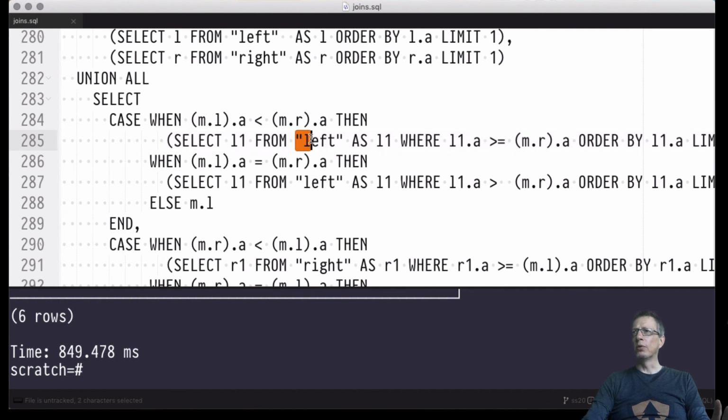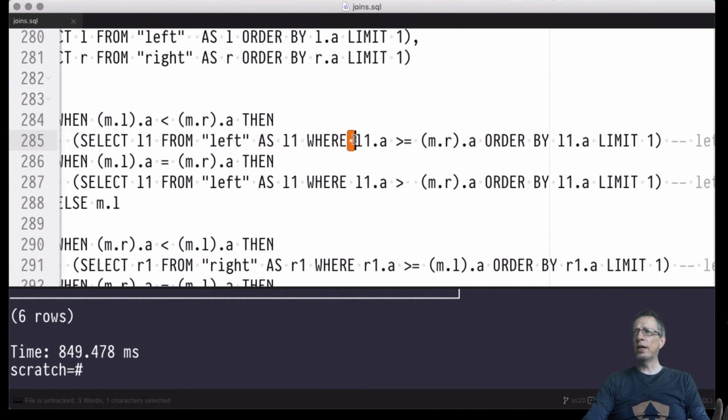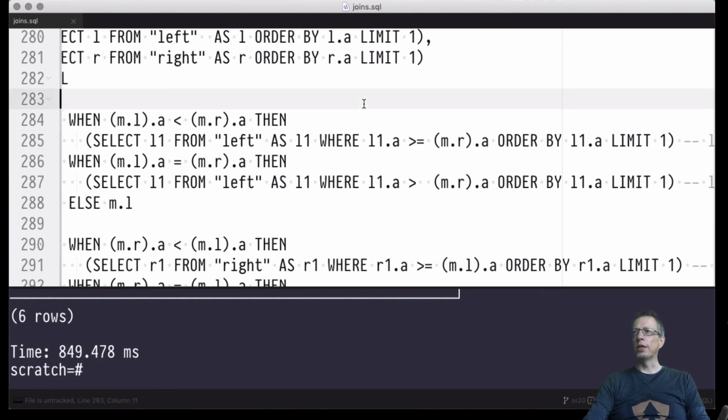We are reading in the left-hand side, and we read as far as we reach the A value on the right-hand side. That would be our criterion, how far we have to move in the left-hand side. Okay, and this predicate is perfectly well supported by the A index on the left-hand side table, and indeed that index will be used here. All right, so this is indeed the jumping the gap technique.